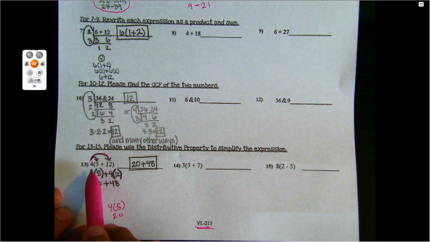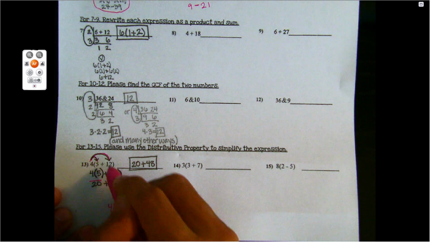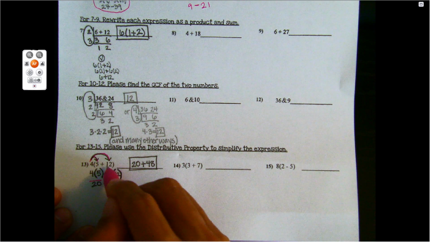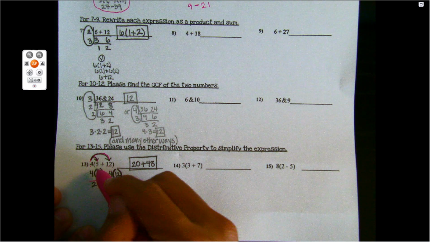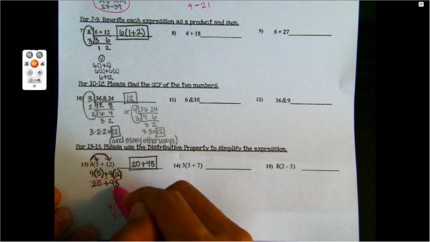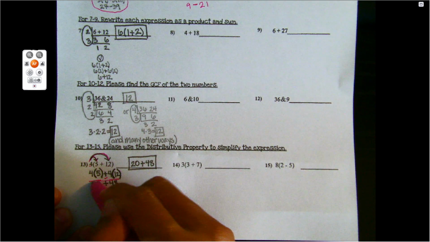So the way we have it is 4 times 5, which you write right here. Bring down the plus sign, and then you have 4 times 12, which is right here. 4 times 5 is 20, 4 times 12 is 48, and so our answer is 20 plus 48.